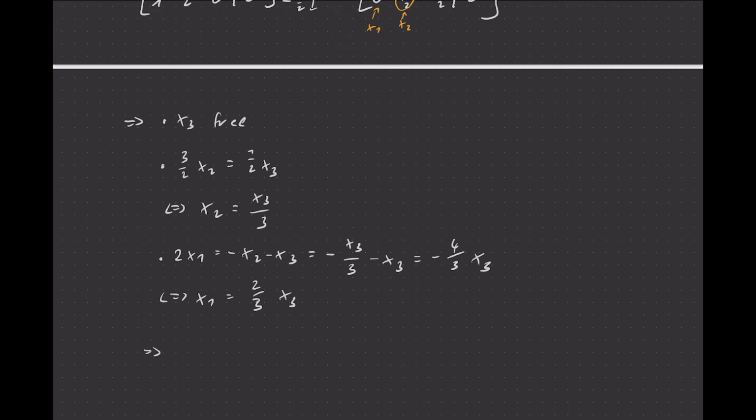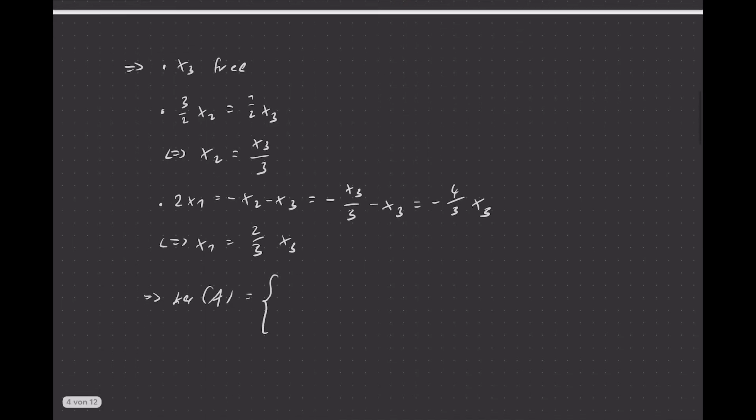So our solution space, and that is the kernel that we are looking for, the kernel of A, is then the following space. We have our variable x3. That's the free one. We have x2, that is x3 over 3. And we have x1, that is not 2 over 3, but minus 2 over 3, I'm sorry.